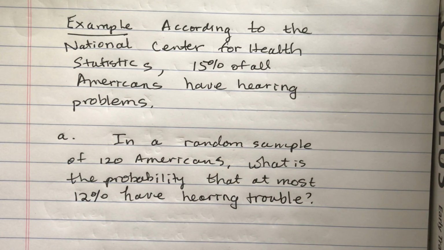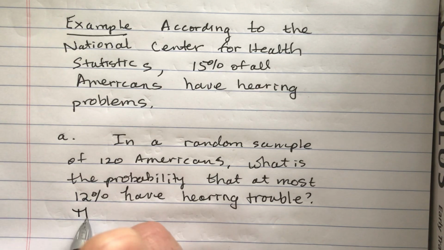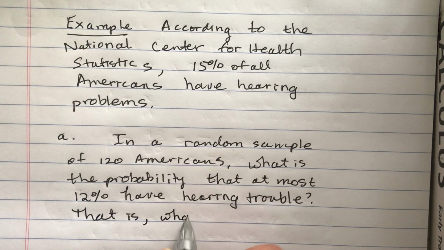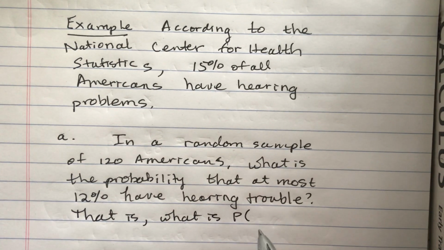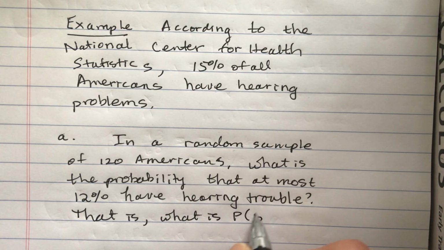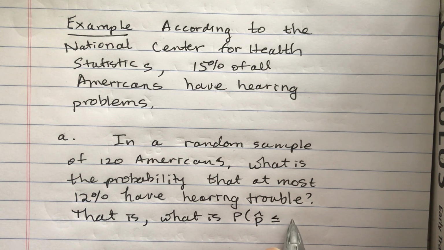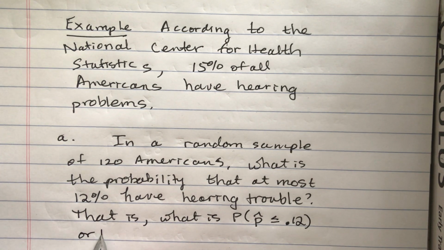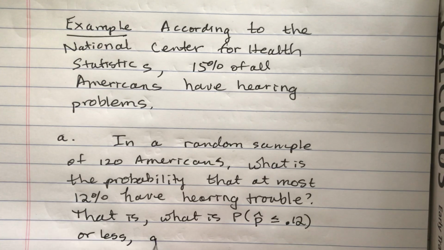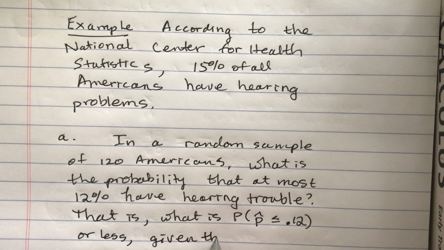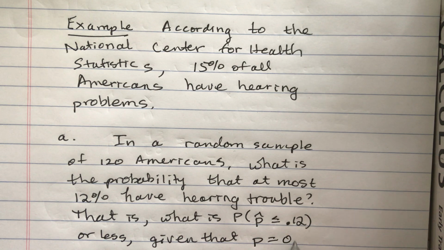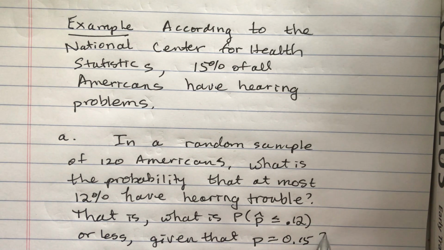Okay, that's a little bit tricky in itself. What do they mean by at most? That is, what is the probability that p hat is 0.12 or less, given that the true proportion is 0.15.